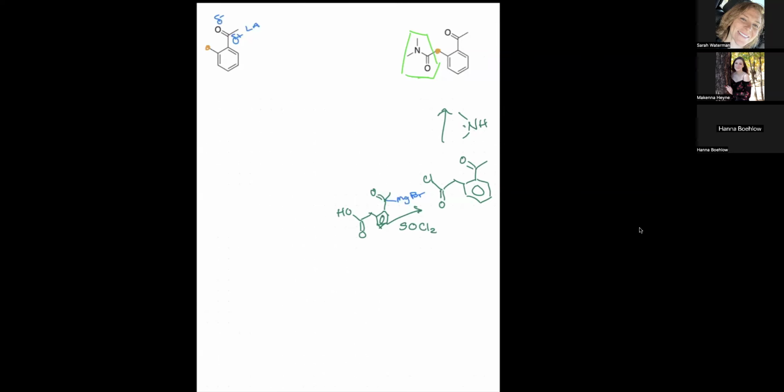Would it have to come from an alcohol? What do you mean? From a primary alcohol and then doing Na2Cr2O7 to create the carboxylic acid.